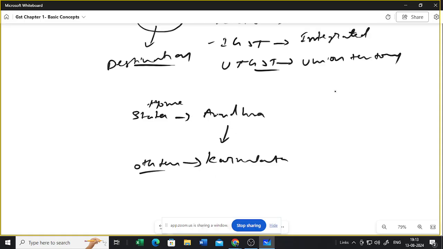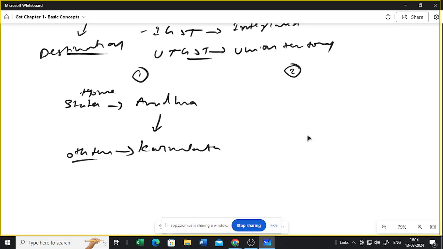Now I am in Andhra Pradesh. I am selling these goods to Karnataka. This is the first scenario. And second scenario, my state is Andhra only.